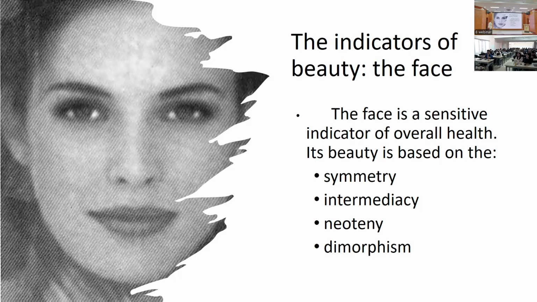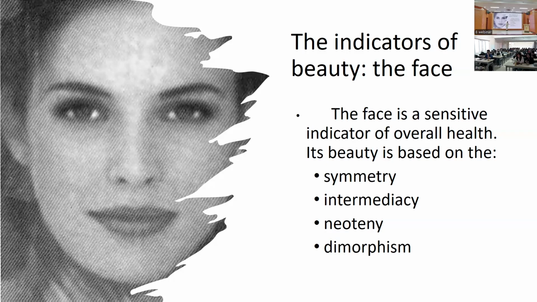So Perrett, who is quoted here, but also the recent research demonstrated that what we consider beautiful is the intermediacy. Intermediacy means being average, being the mathematical average between the different faces, but also the symmetry.